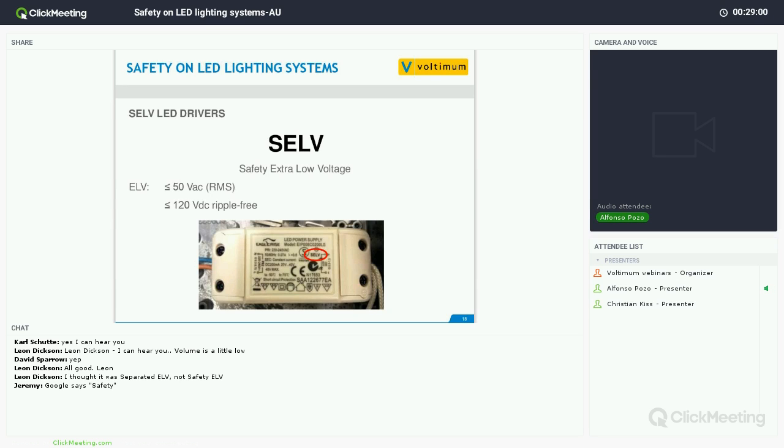So protection ensures that the output voltage remains below the voltage value at any time, allowing for safer luminaires and reducing the danger of electrical shock. And this is basically specified in international IEC 61140.